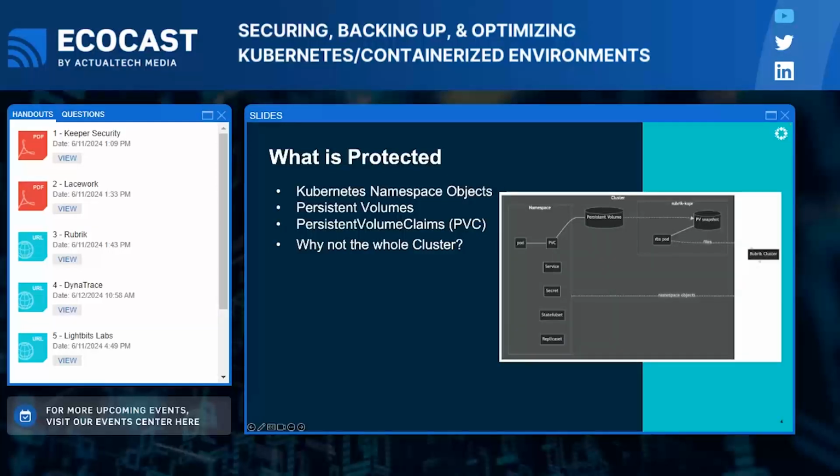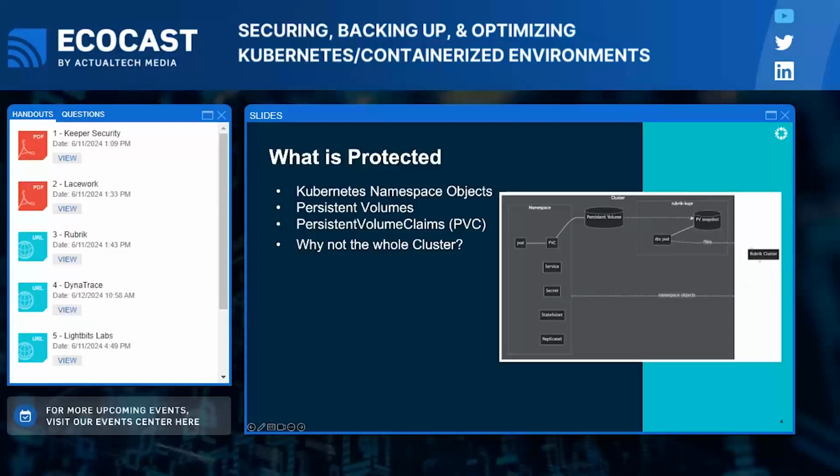Can I not snapshot the virtual machines that are actually hosting the Kubernetes cluster? This requires us to understand Kubernetes cluster architecture a little bit. We're not going to get into that too much today, but the idea behind Kubernetes architecture is really that this is ephemeral infrastructure for the most part.